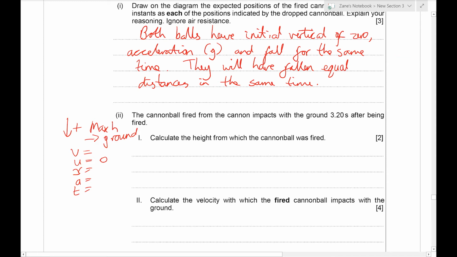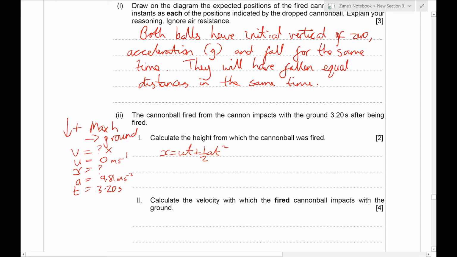Remember, this cannonball is fired horizontally, so it's not moving in a vertical direction. The final vertical velocity is an unknown. x is the height that we're trying to find. Acceleration is going to be a plus 9.81 meters per second squared because we define downwards as positive, and the time will be 3.20 seconds. For this part of the question, we're not actually interested in the final vertical velocity, so we're going to use the equation of motion that doesn't have final velocity in, which is x equals ut plus a half at squared.